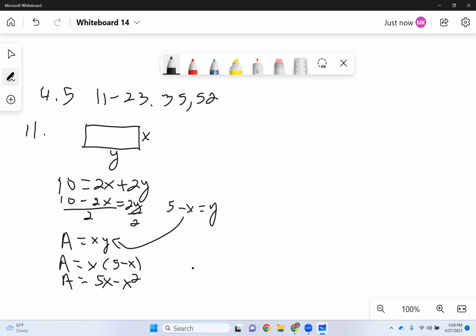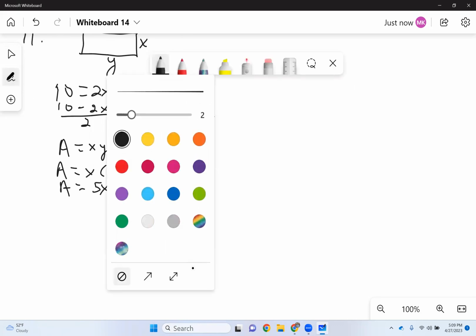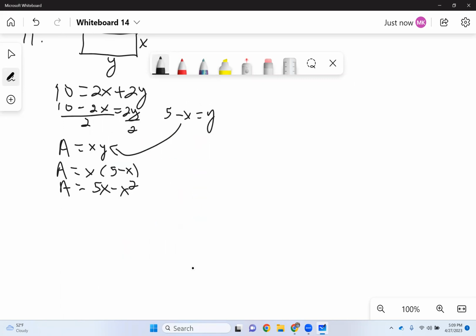All right, how do we maximize area? We take the derivative, set it equal to 0, and solve it. So A prime is equal to 5 minus 2x. Set that equal to 0 and solve, and we get x equals 2.5.